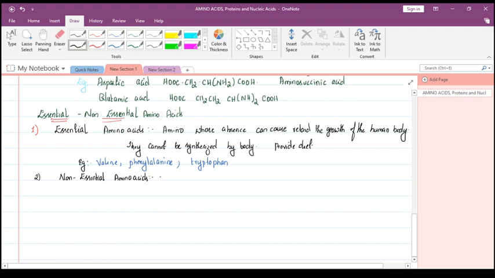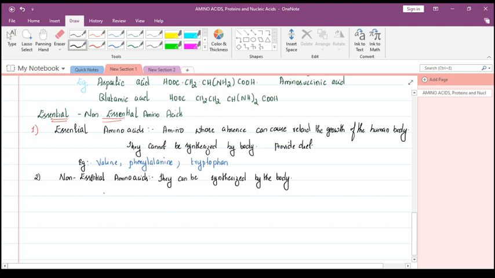That means they can be synthesized by the body, so you don't need to supply them through diet. That's why they are called non-essential amino acids.